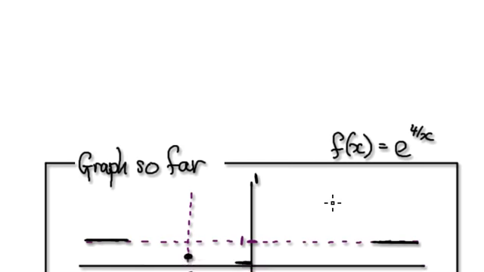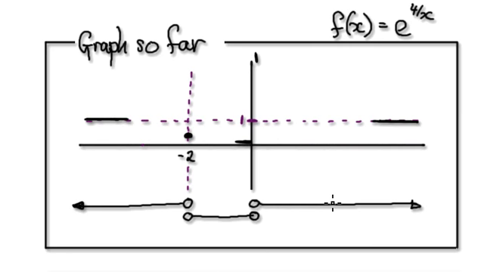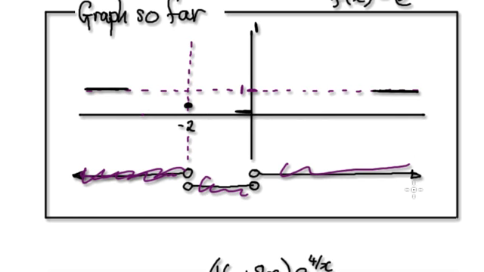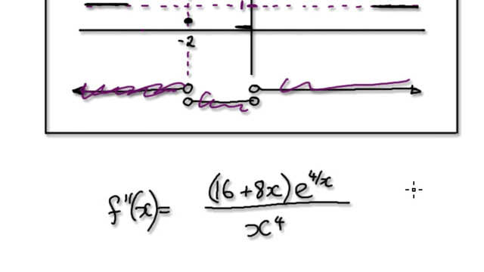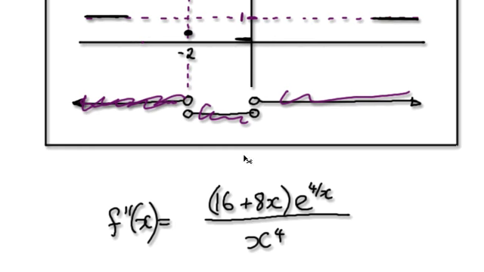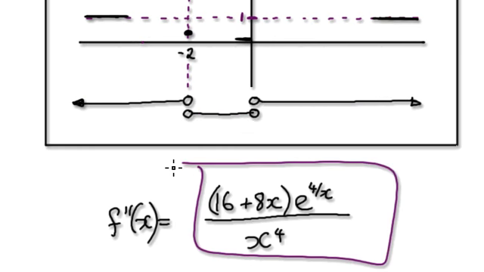So we need to consider the intervals from here, here, and here. F double prime in the previous video we established was this.